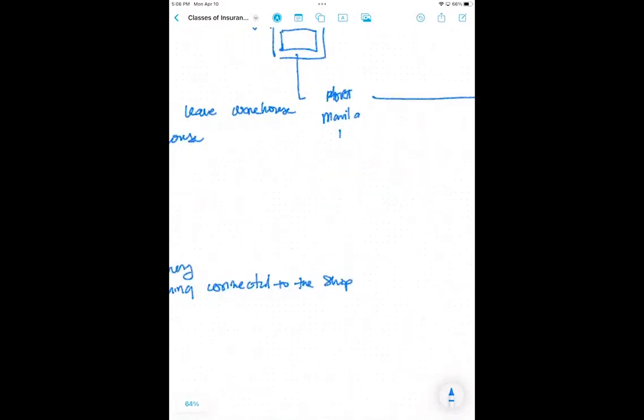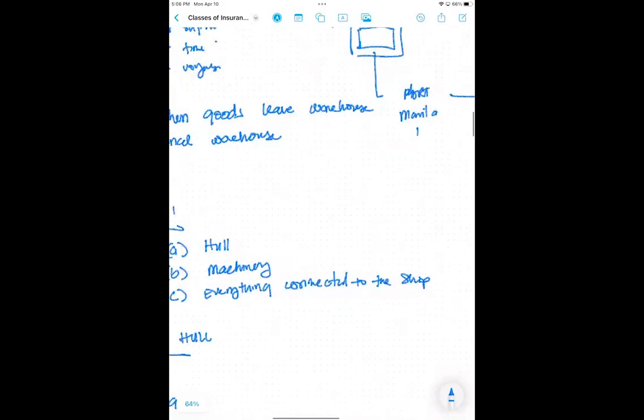So in the examination, please take note if there would be a statement as to when would be the effectivity of the insurance.